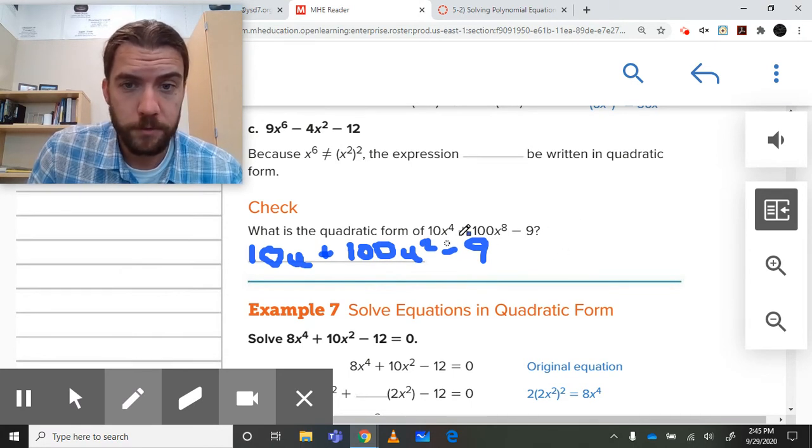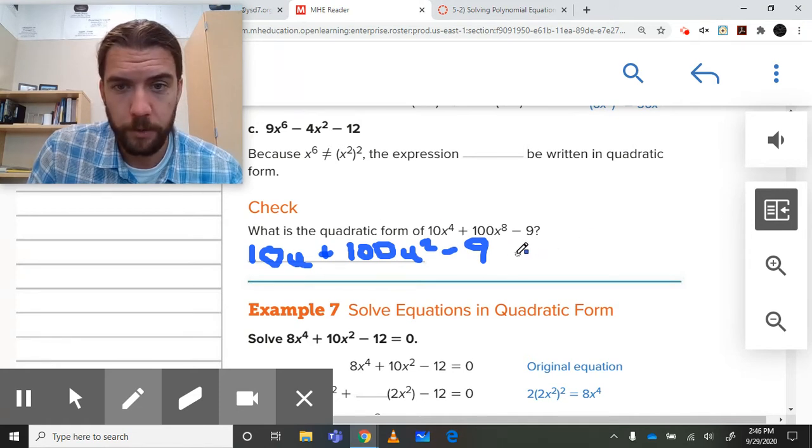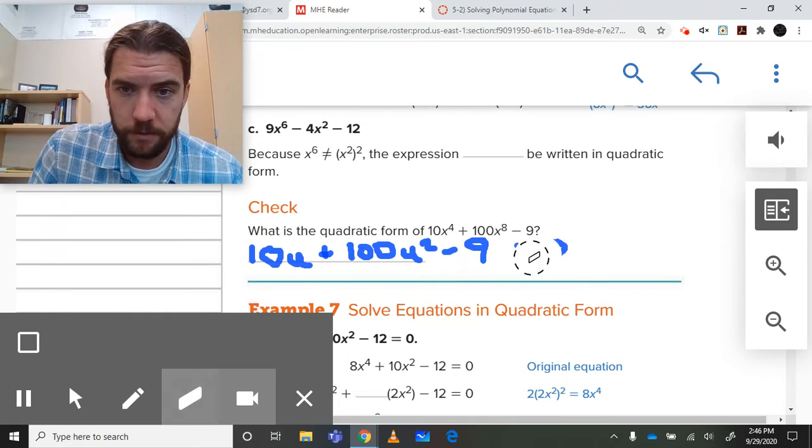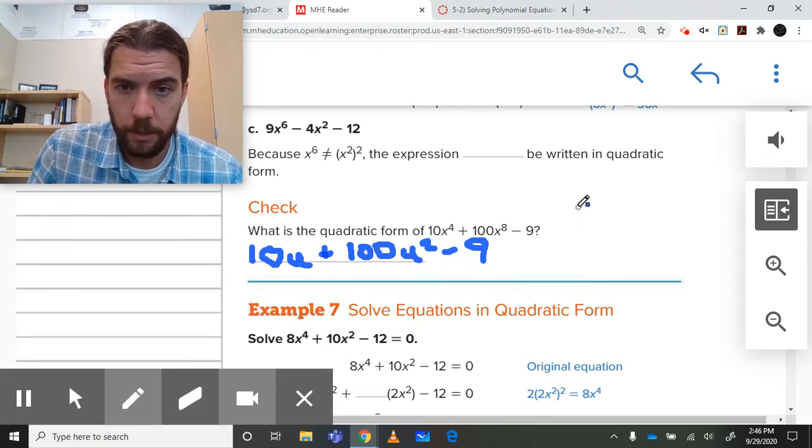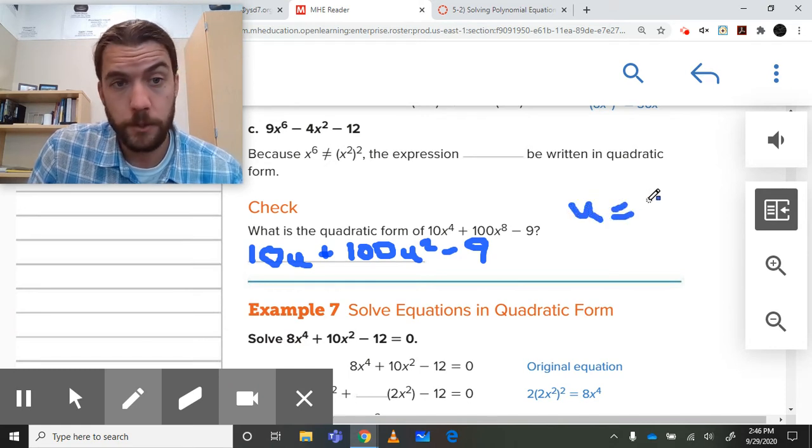When I do that, so if I put this into the quadratic formula, let's say this was all set equal to 0, you'll get some answer that's in terms of u. So you'll get like u equals, I'm just going to make something up, u equals 3.